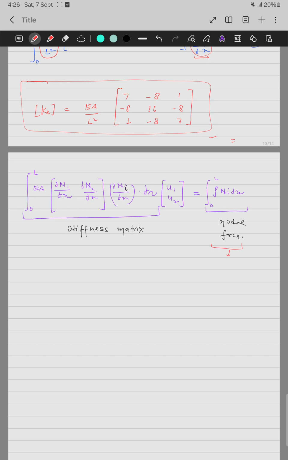In this way we'll get some idea about triangular elements or other 2D elements, and then we'll see how we can find the stiffness matrix for them. Then we'll go for further things.